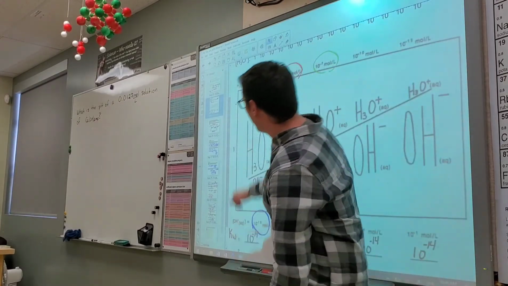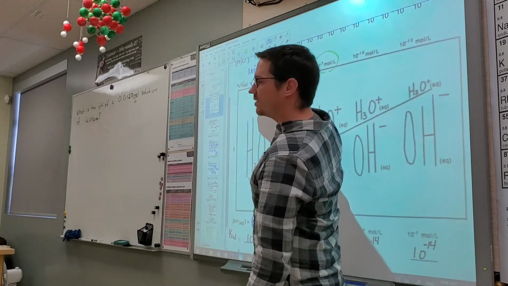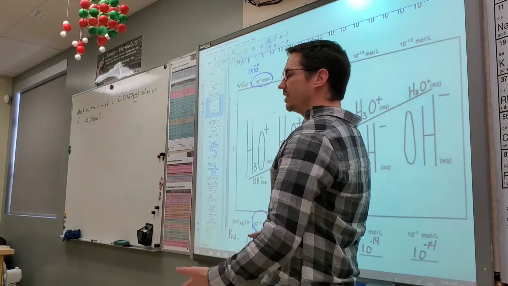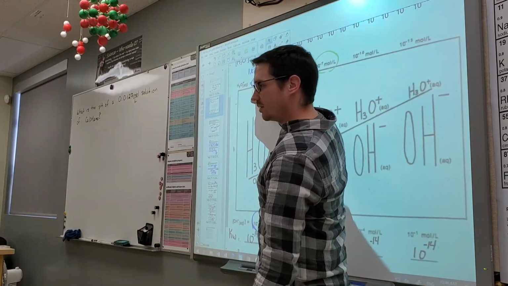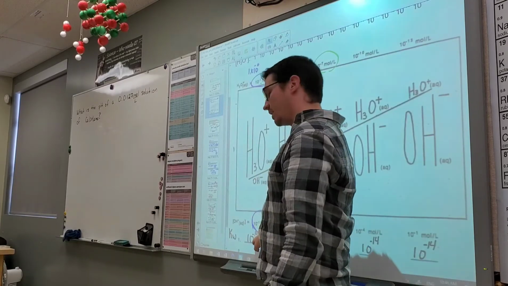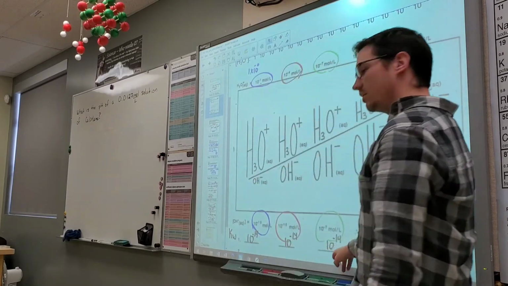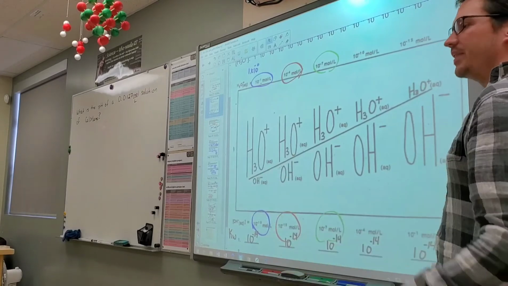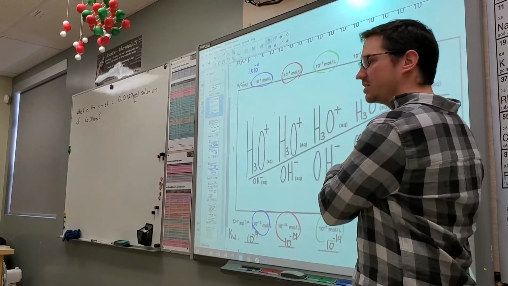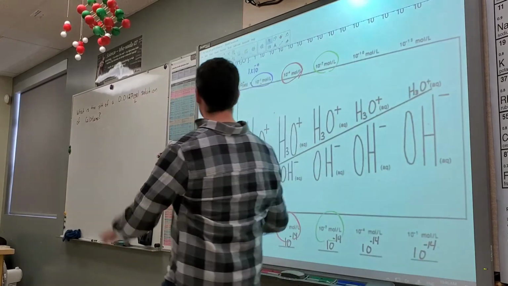On the top and on the bottom, we've got concentrations of hydronium and hydroxide. If you were to take that times that, every single time you would end up with 10 to the negative 14. So that's just showing you that this equilibrium constant does hold true across all of these pHs. Okay, that's all we're saying.